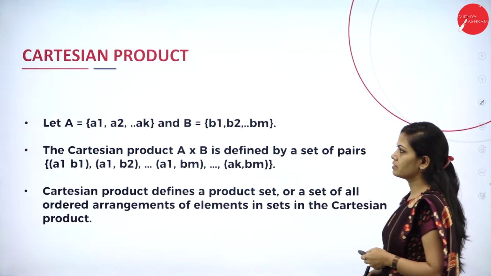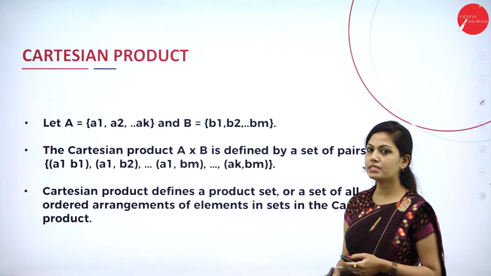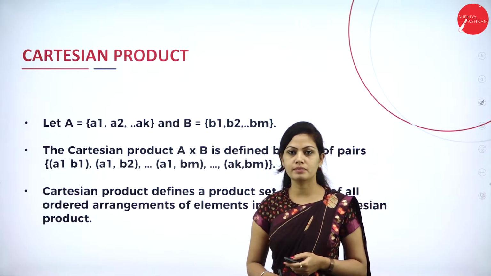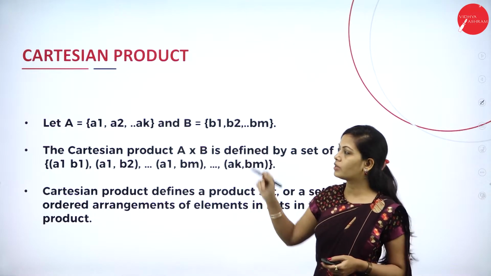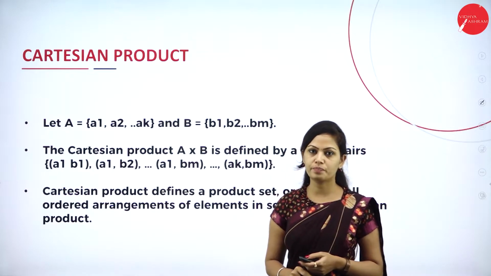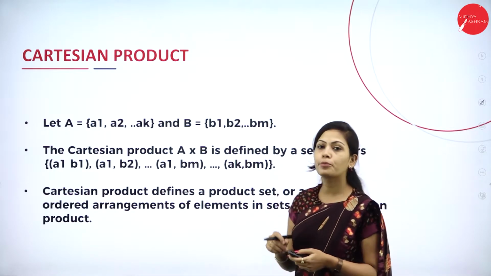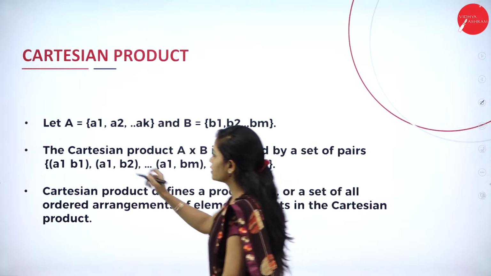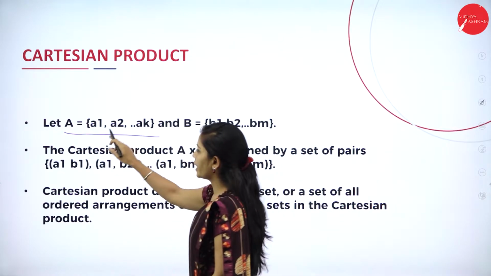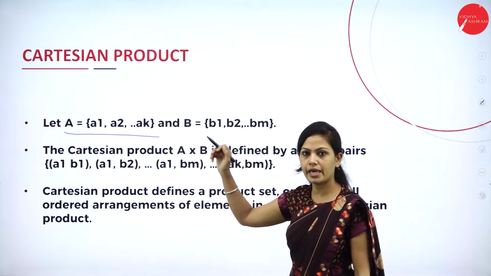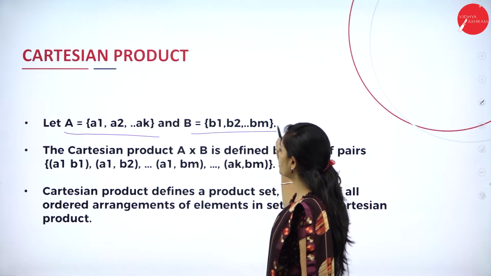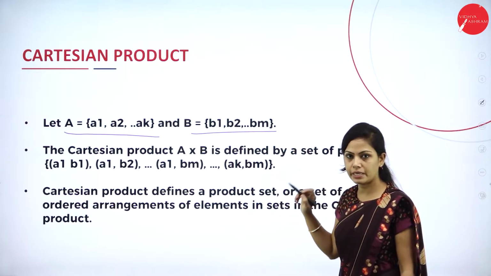So, relations. Before that, I will discuss the Cartesian product. I have already explained this concept in set theory also. So, what is the Cartesian product? Let set A be equal to A1, A2 up to AK and set B be equal to B1, B2 up to Bm.